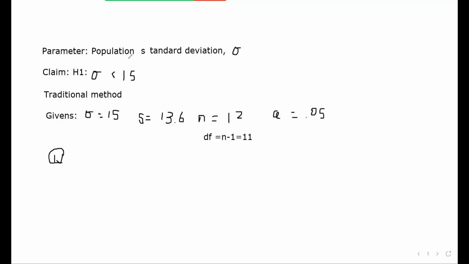So here you have H0. If your H1 is going to the left, your H0 is going to go to the right or greater. So this will be greater than or equal to 15.